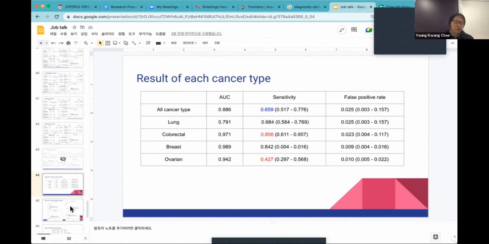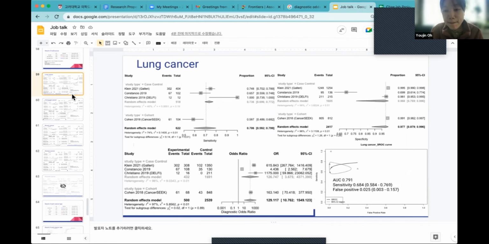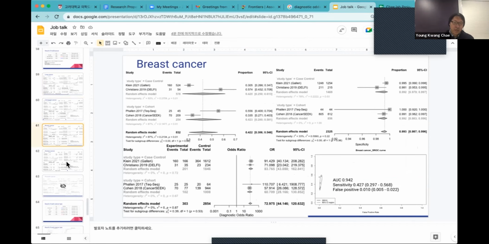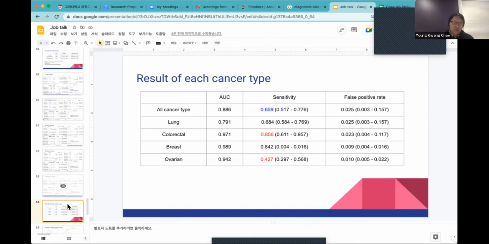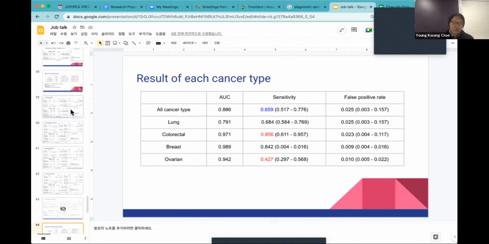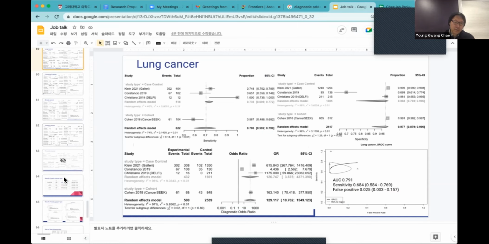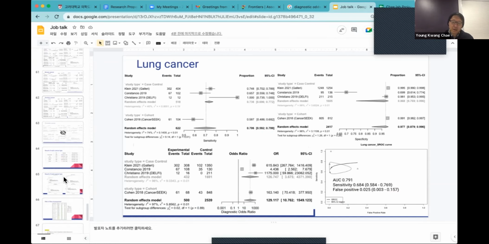And I know your program produces false positive rate, but I think if there's a way to change that to specificity, then I feel like that's better. Okay, but that's how it's reported in most. Right. I mean, you can look at other diagnostic concordance papers and see what kind of graph they made.